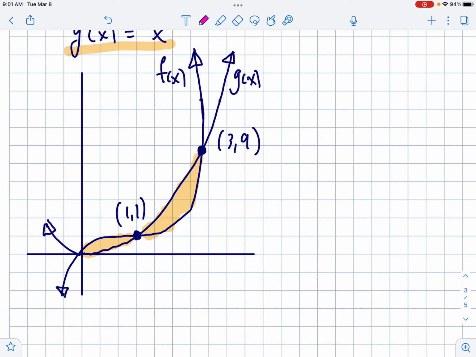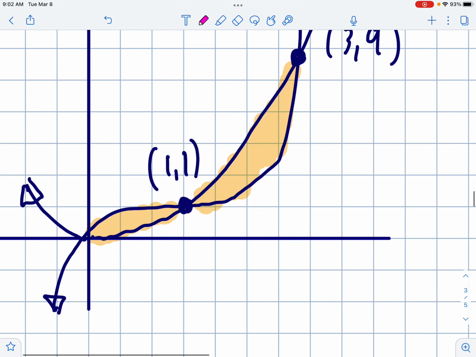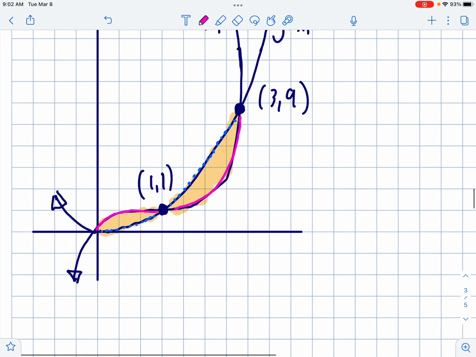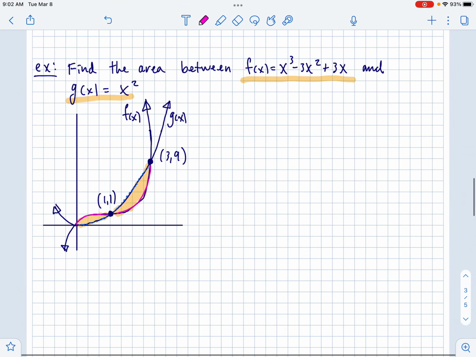The thing that's curious about this is that which function is on top switches. So like f of x in this section is on top, and then g of x is on the bottom. But then in the next section, g of x is on top, and f of x is on the bottom.